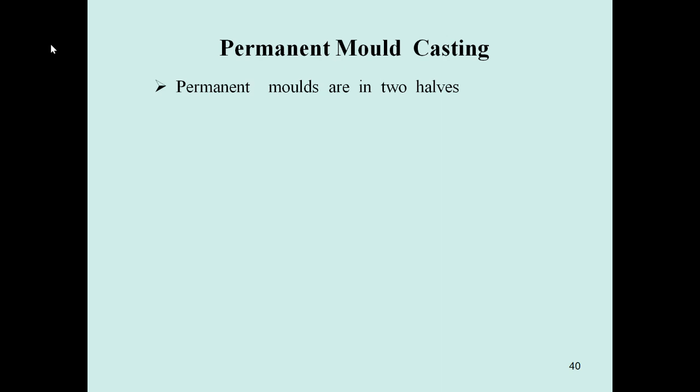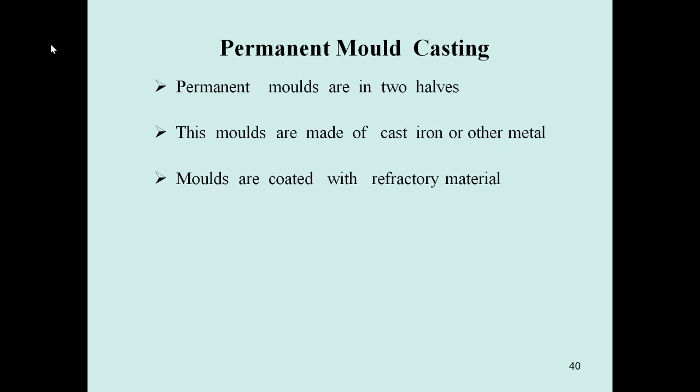Next, a permanent mold is made of either cast iron or other metals.